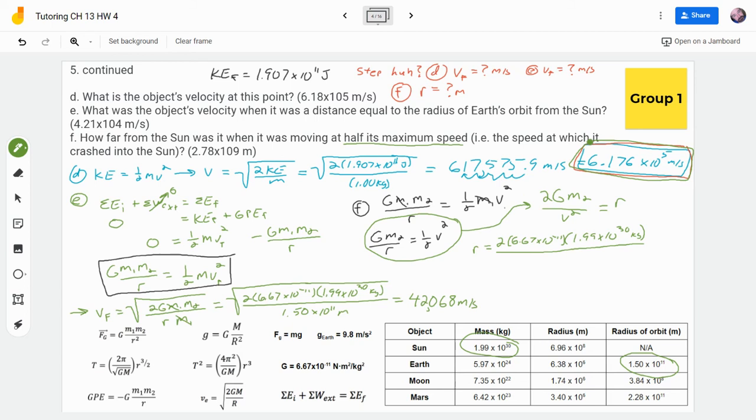It's up to you how you want to do this. You could do it separately. Might make the most sense, but I'm going to do it my way instead. To get half of that number, I'm just going to do 1/2 times 6.176 times 10 to the 5th meters per second.